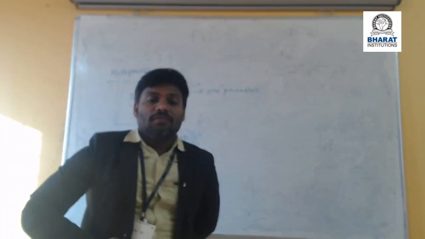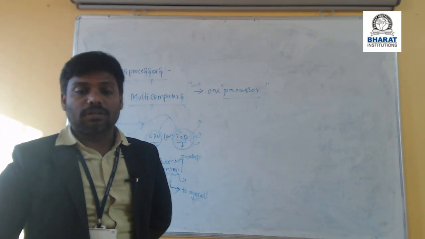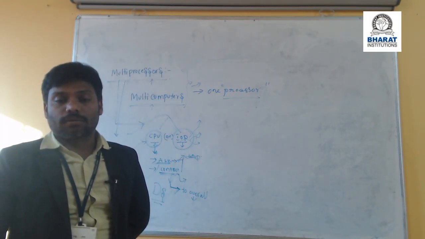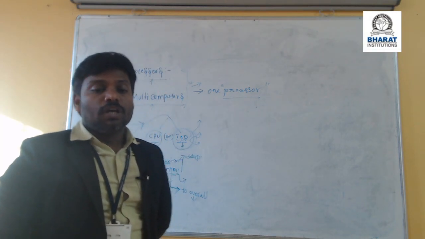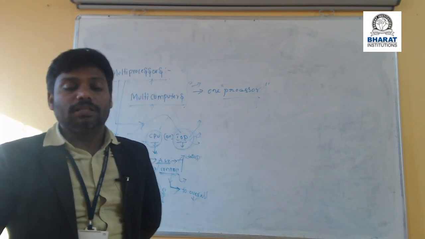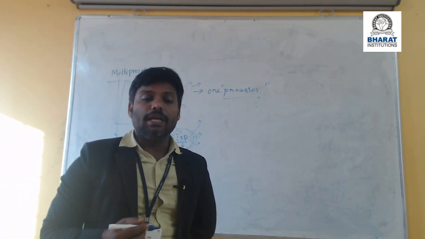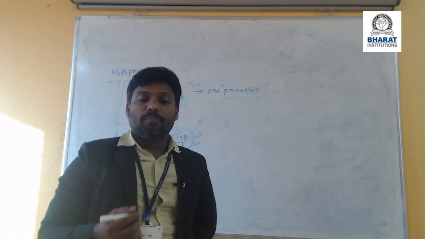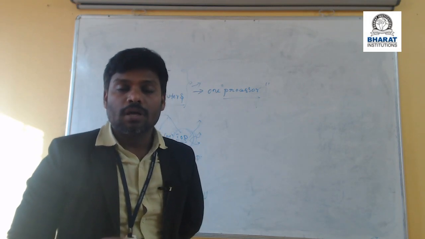A multiprocessor is maintained by a single operating system, whereas in a multi-computer system each computer maintains its own operating system, independent of the operating systems maintained by the other member systems of the multi-computer system.